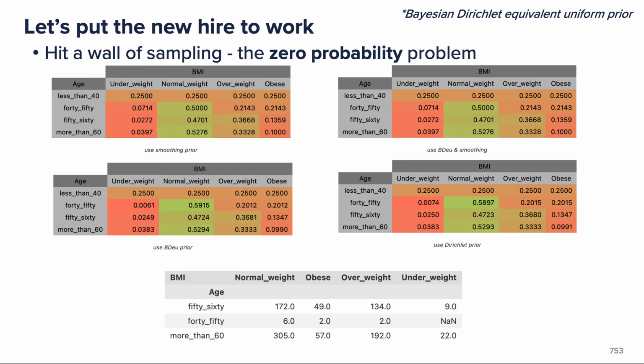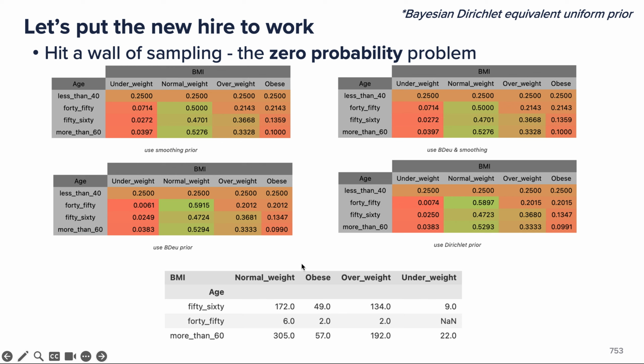To understand the zero probability problem, the question then becomes, how do we introduce as little bias as possible? As I mentioned, the way to deal with the zero probability problem is to do something with the conditional probability tables. In this slide you can see all the conditional probability tables, and at the bottom is where we get the actual data.